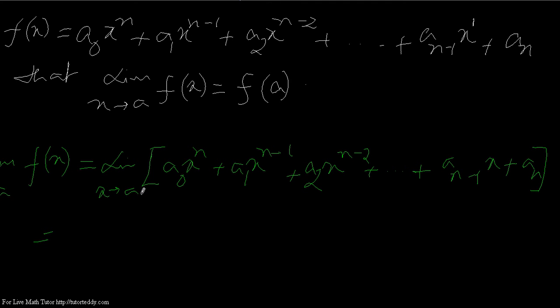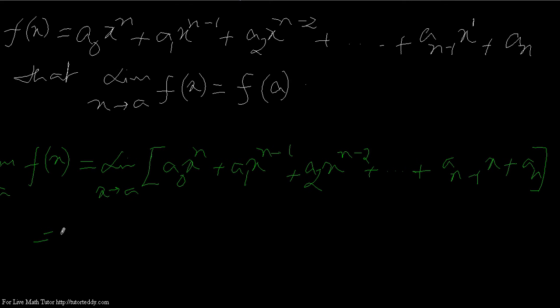So all these can be written separately, that means limit of first term, limit of second term plus limit of third term. It continues till the last term, and this comes from the fundamental limits theory. That means if you have limit of f(x) plus phi(x), that can be written as limit of f(x) plus limit of phi(x).